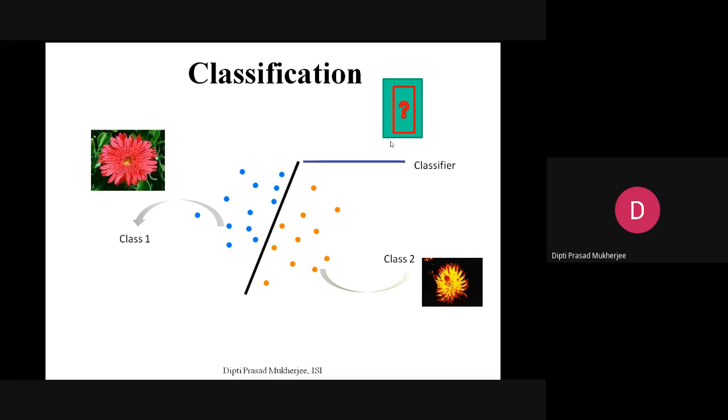So you have these blue dots and you have these, I don't know, close to orange dots. And an important observation in classification is that you have this black line, or black separator, which separates the blue dots from the orange dots, right?